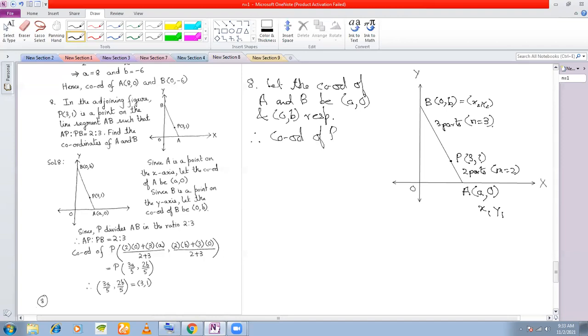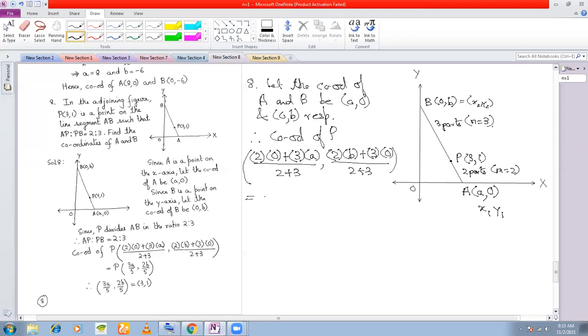Coordinates of P using the section formula: the x coordinate is (m x2 plus n x1) divided by (m plus n), and the y coordinate is (m y2 plus n y1) by (m plus n).